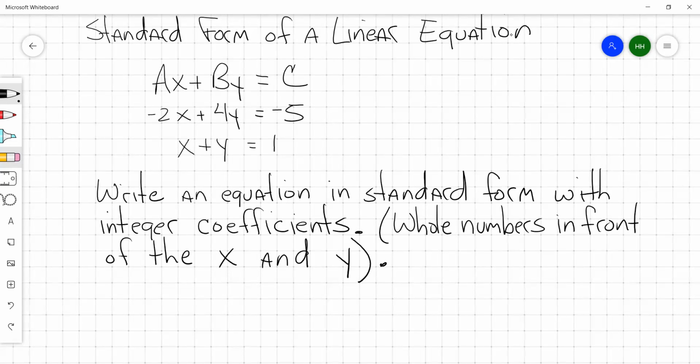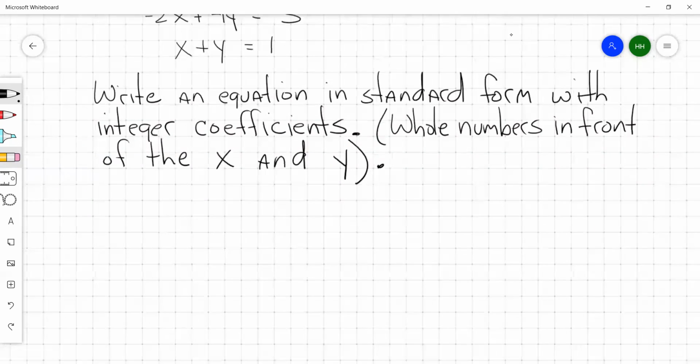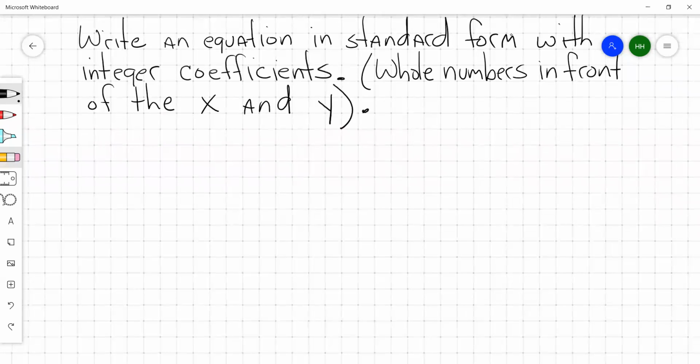So let's say that you're given an equation like this one: y equals 3/4 x minus 5. And you're asked to write this equation in standard form. Well, this 3/4 x, first of all, has to get over here on the left side.